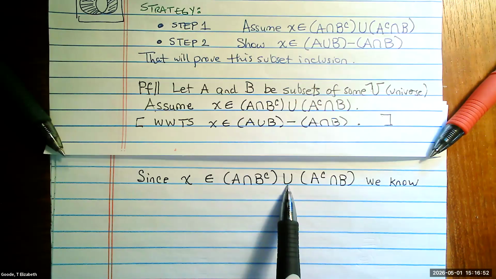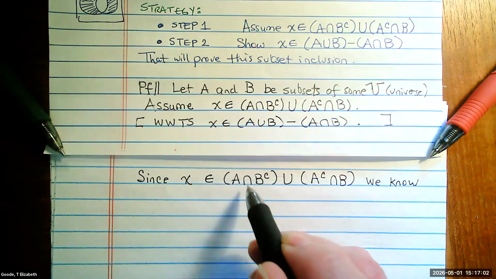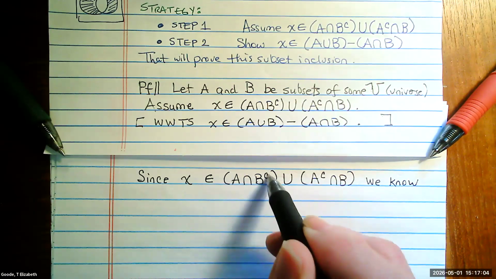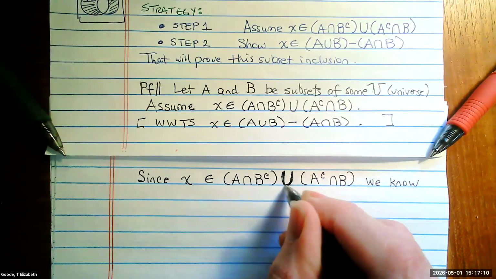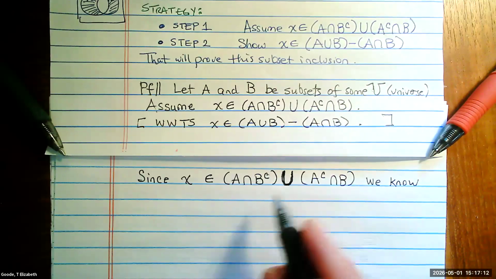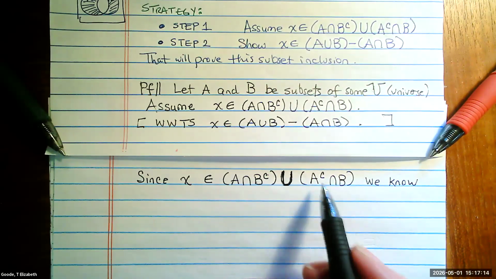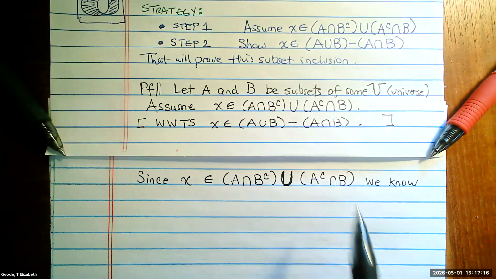I don't know when you said or if you meant this or this. But this union operator is the OR operator, and it's the big operator. It happens after these complements and intersections happen. So we break this union down first. What do we know about X if it's in this union?